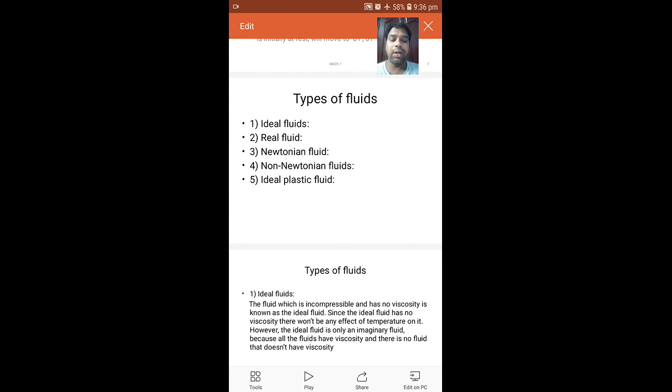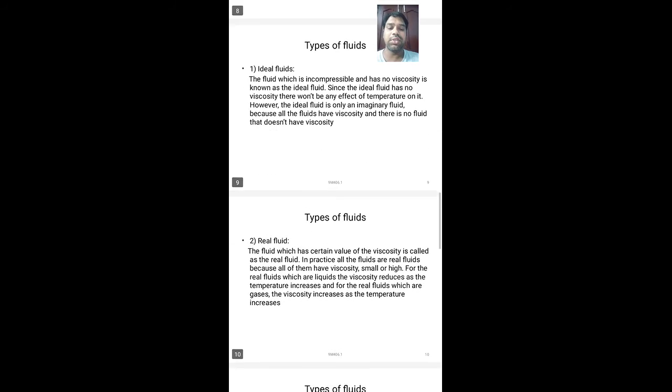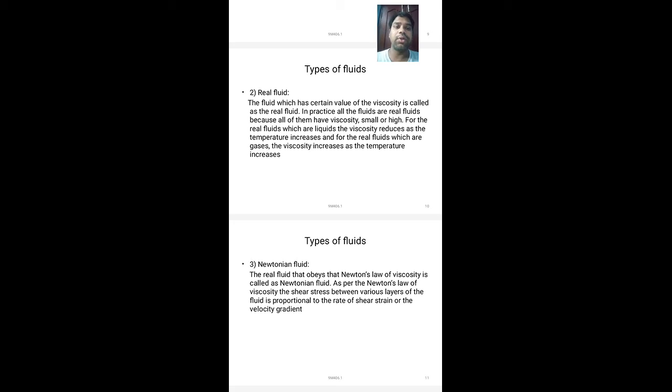And that viscosity is affected by temperature, right? So viscosity will have an effect from temperature. The next one is Newtonian fluid, the fluid which obeys Newton's law of viscosity, right?